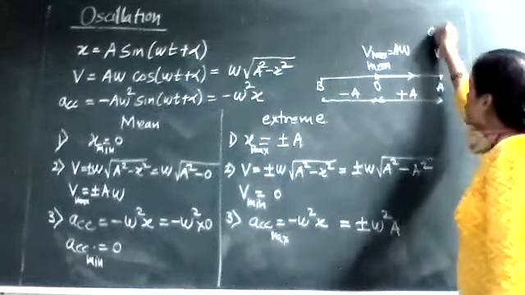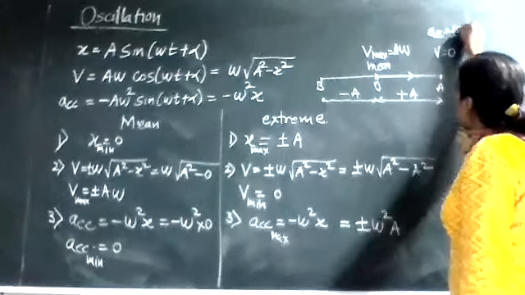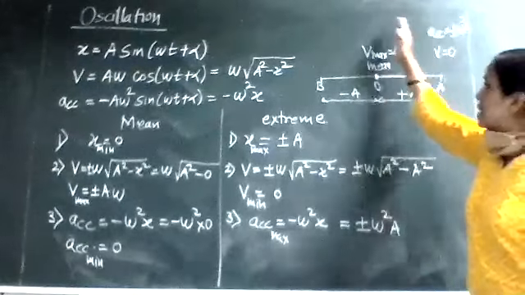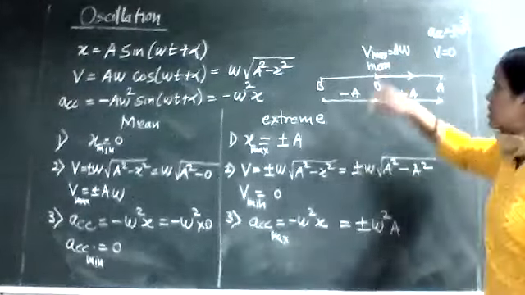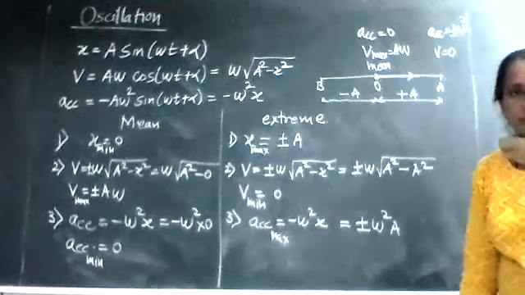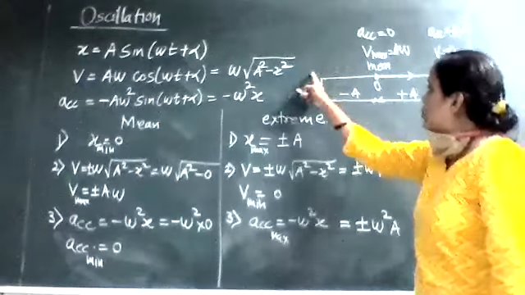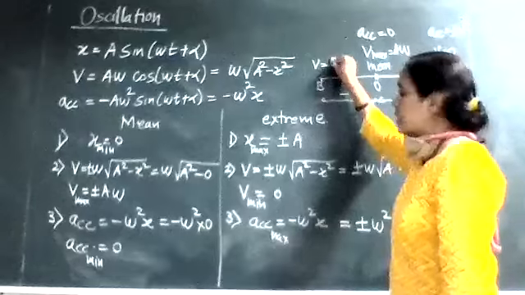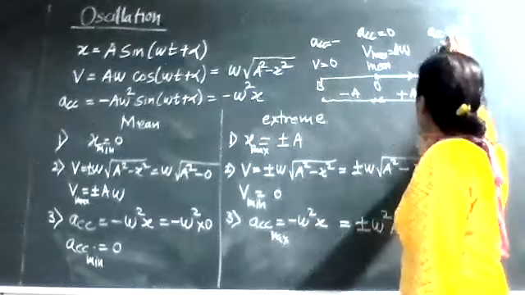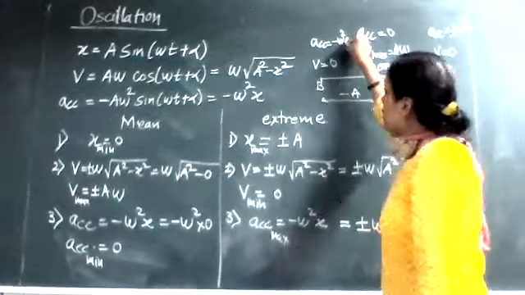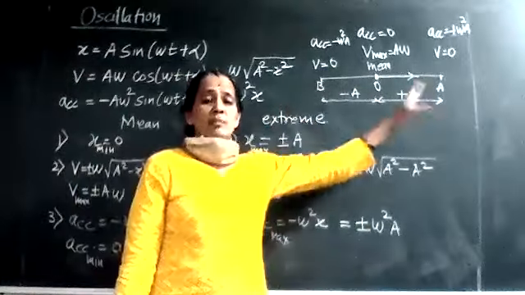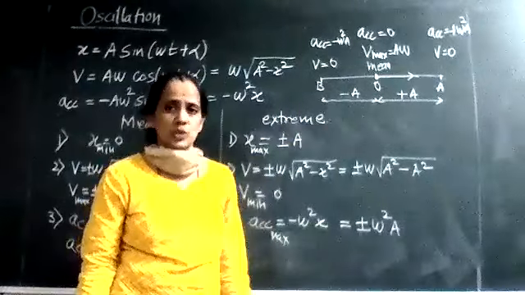Because at extreme position, its acceleration is plus minus omega square A. So due to that maximum acceleration, it will again come back to the mean position. When it comes to mean position, its acceleration will become 0. When again it goes to extreme position, its velocity will become 0, but its acceleration will become minus omega square A. And therefore, your pendulum will be swinging in between two extreme positions.